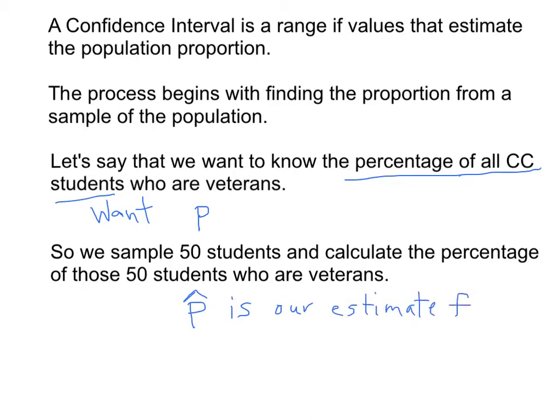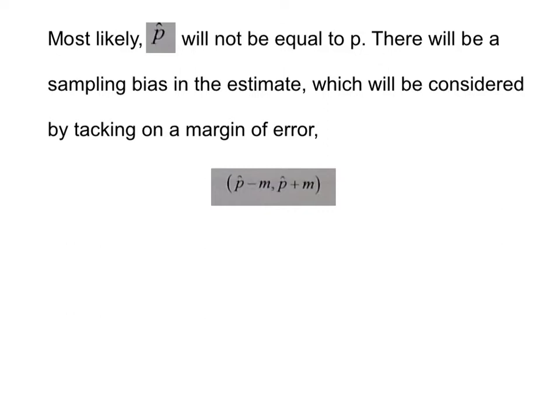It's an estimate for the true population proportion. And that's how our confidence interval always begins. It always begins with your estimate from the sample, and we're trying to target our percentage for the population. Most likely, the sample proportion you get, P hat, will not be equal to the population proportion.